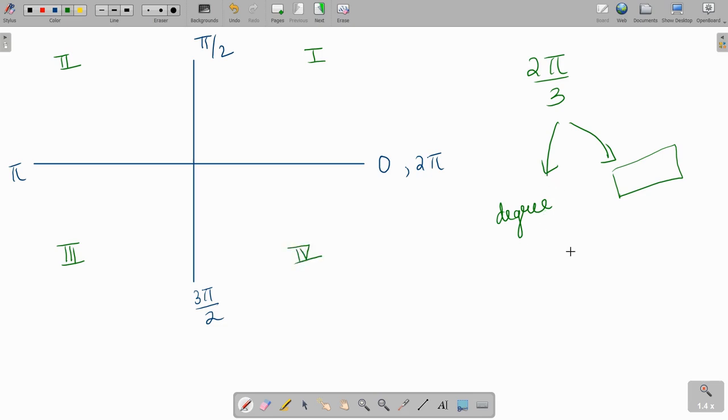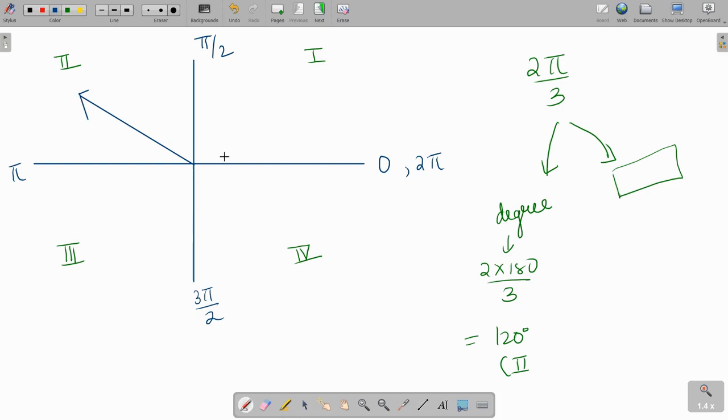I'll show you both. So let's say I convert this into degrees. In degrees, I know that 2 into 180 divided by 3 is equal to 120 degree. And 120 degree lies in the second quadrant. So the figure will be somewhere here.